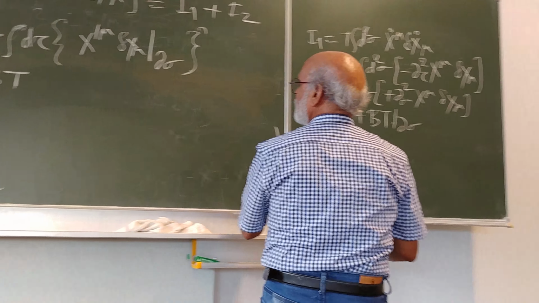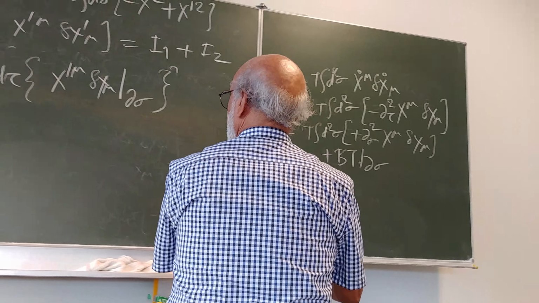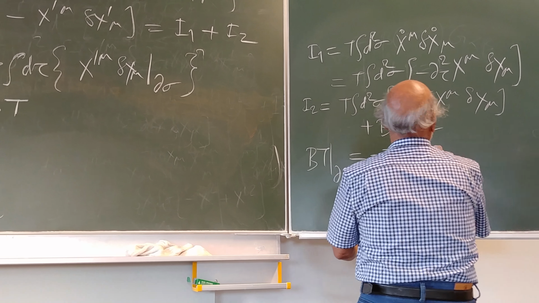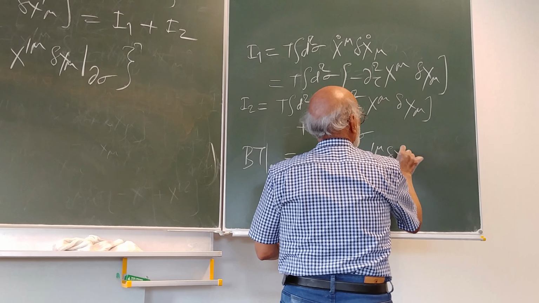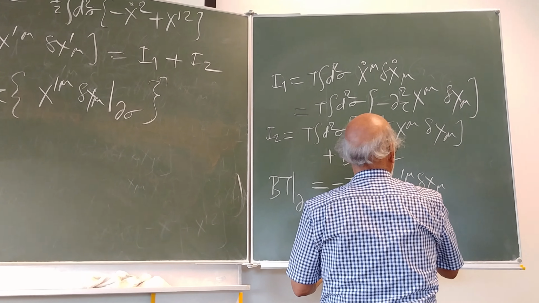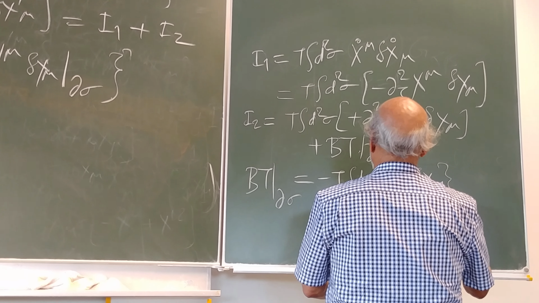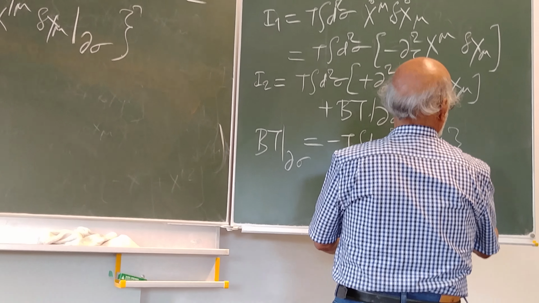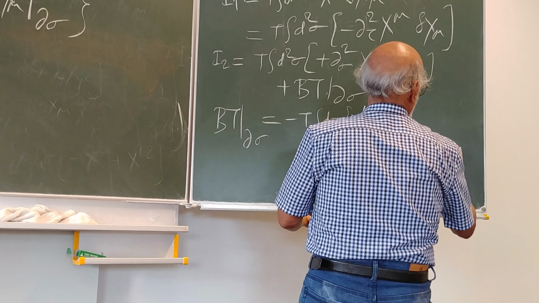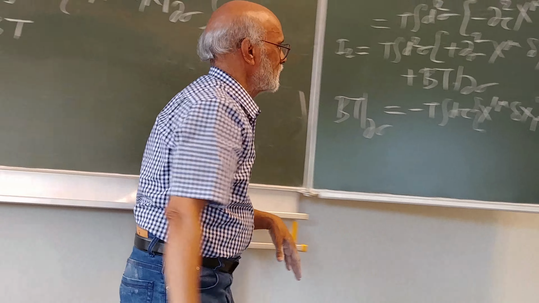These are the terms minus T d tau x prime mu delta x mu at sigma equal to, okay, let me still call it like that.